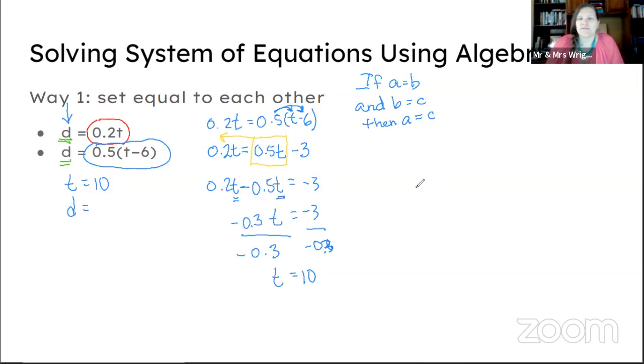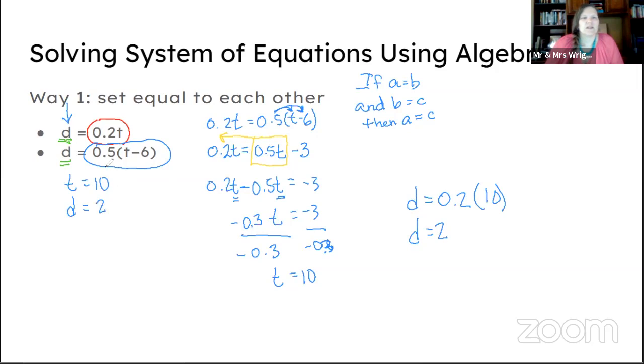I'm going to take the first equation because that's going to be a little bit easier. D equals 0.2 times 10. I'm going to plug that into my calculator, 0.2 open parentheses, 10 close parentheses, and that gives me D equals 2.